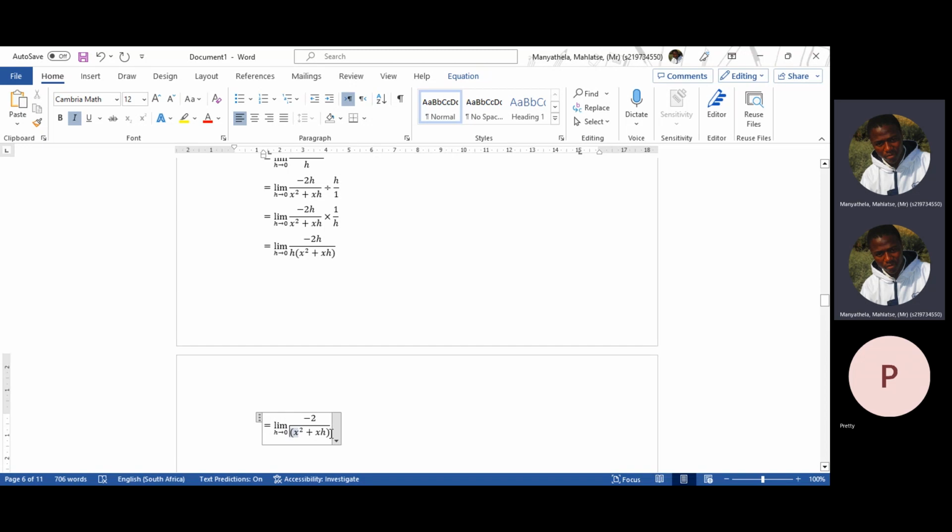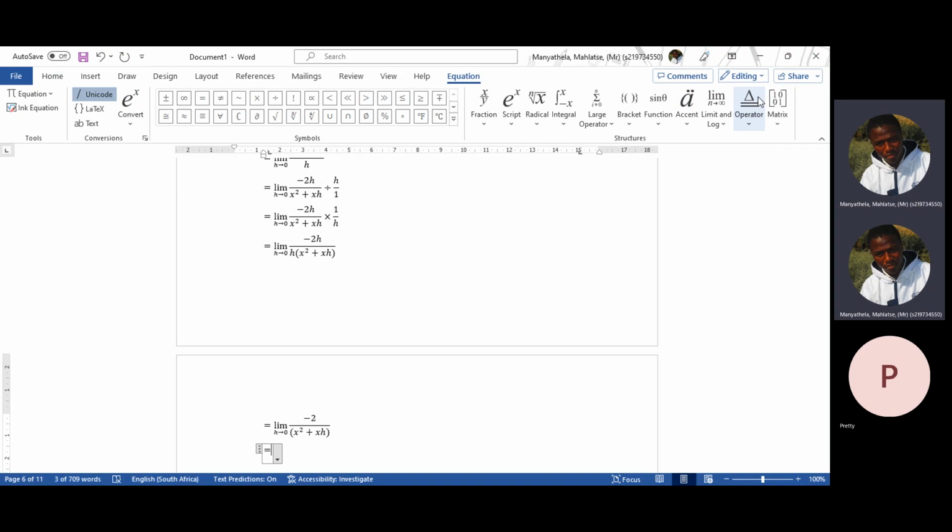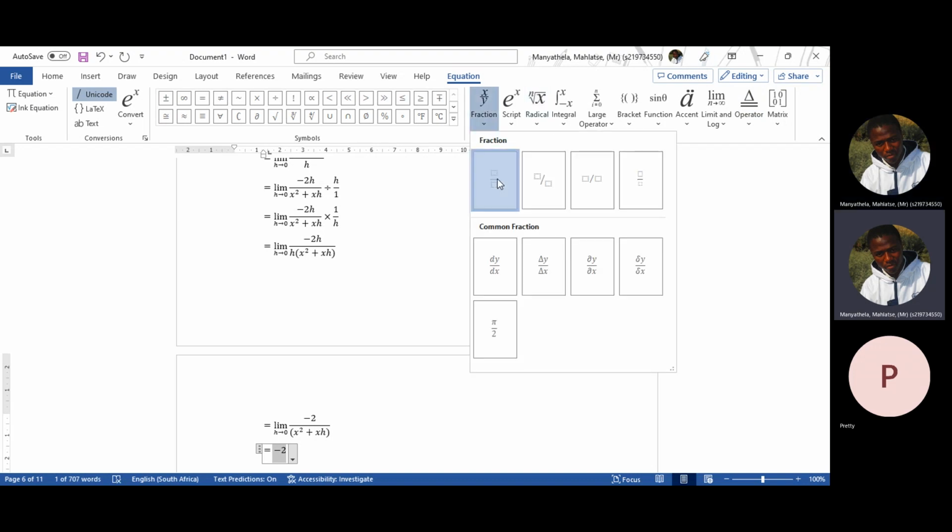So once you do that, the term that contains h after dividing by h, you drop it, and you also drop the limit as h approaches 0, because we're saying h is getting closer and closer to 0. So if h becomes 0, meaning that x times h, which will be x times 0, will be equal to 0. So that's why we drop it, and then your final answer, you're dropping the limit, will be equal to negative 2 over x squared.